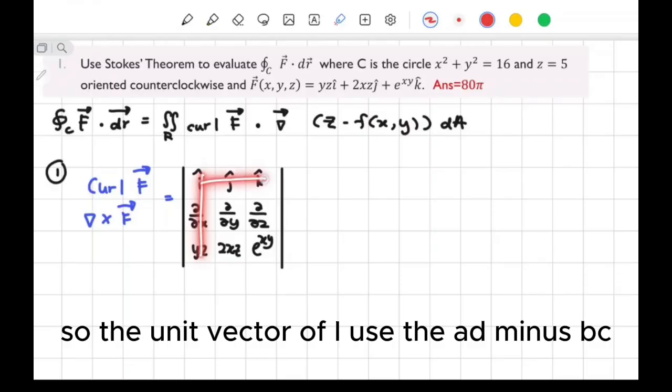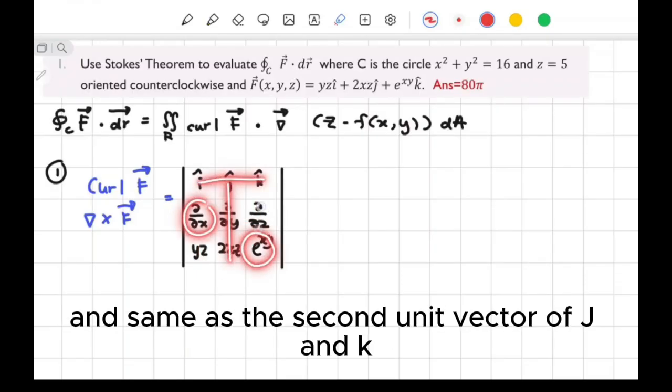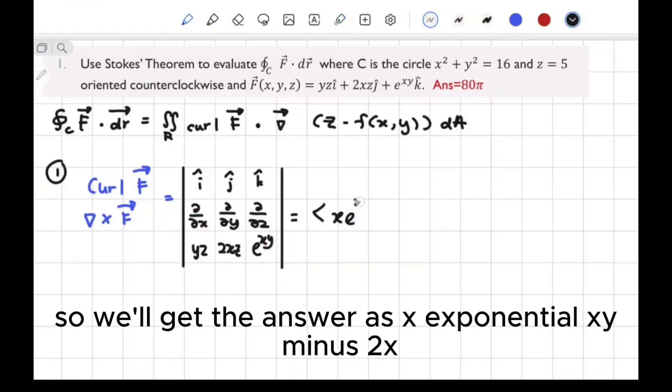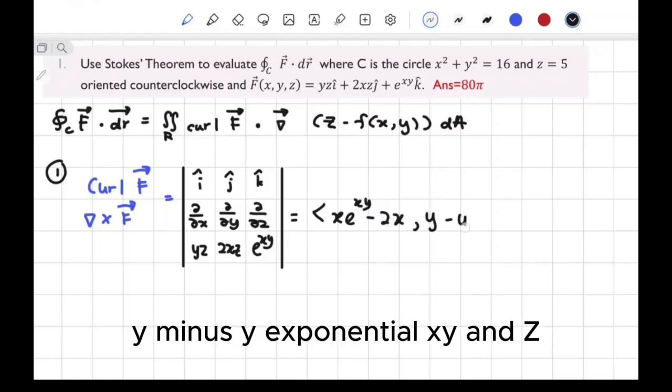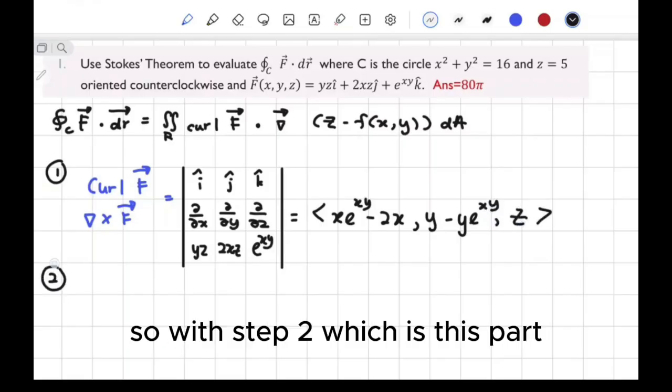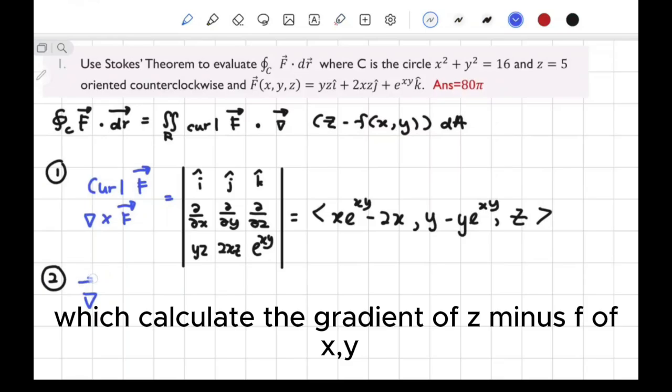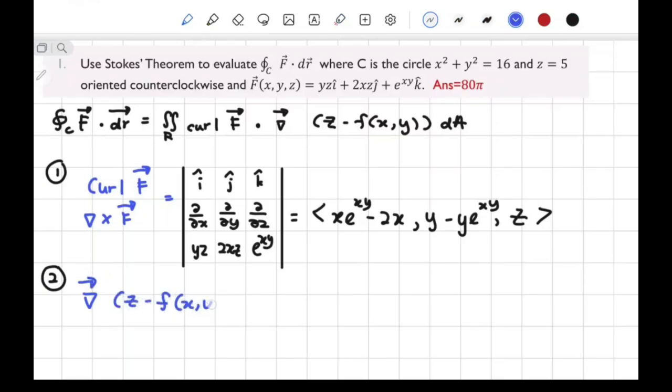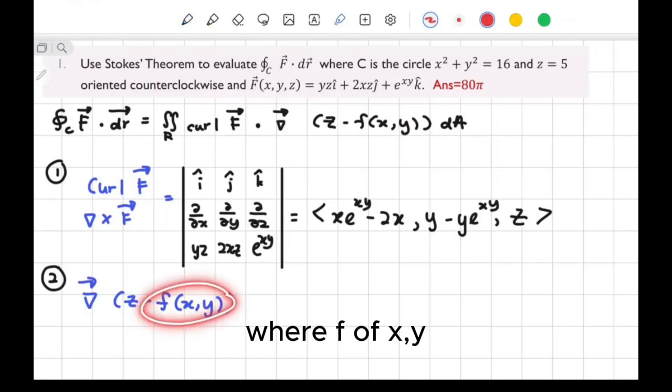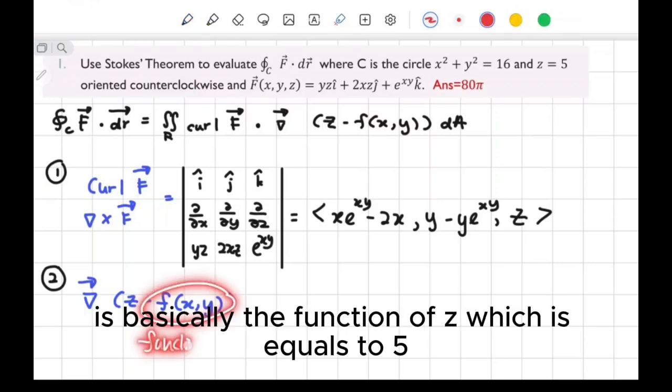For the unit vector i, use ad minus bc, and the same for the second unit vector j and k. So we get the answer as x e^(xy) minus 2x, y e^(xy) minus y, and z. Step 2 is to calculate the gradient of z minus f of xy, where f of xy is the function of z, which equals 5.